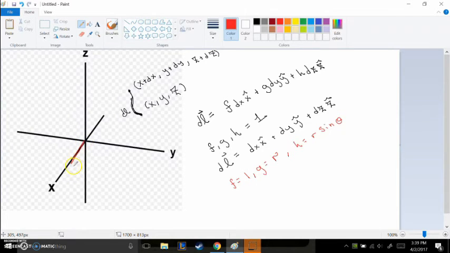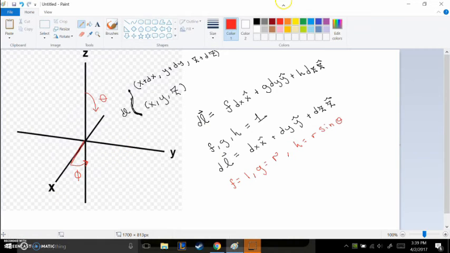Then we're going to have a theta. Since we're physicists, we're going to call our theta from our z to our y. And our phi goes from our x to our y.